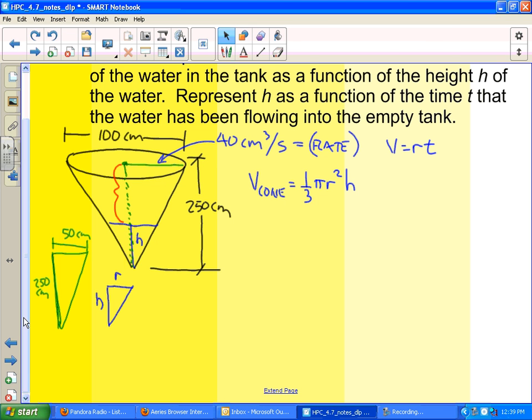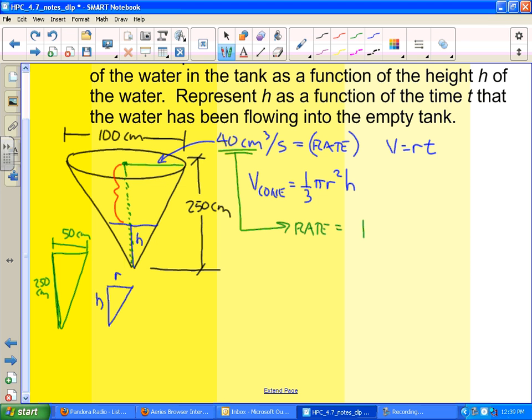If I want to express height as a function of time, it would be nice to know a volume, a V number. And that's where this comes in. If this right here is a rate of 40 cubic centimeters per second, this is a volume, and this is a V. So I know my volume is 40.